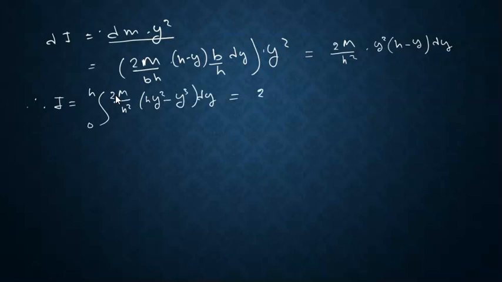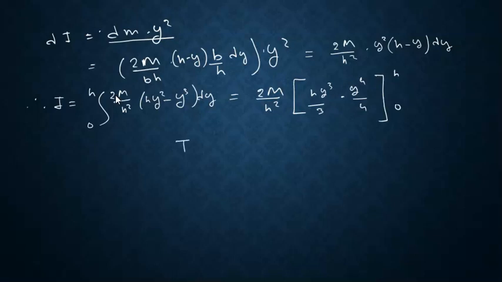That is equal to 2M by h square, h y cube by 3, that is the integration of this, minus y to the power 4 by 4, that is the integration of the second part, and put the limit 0 to h.